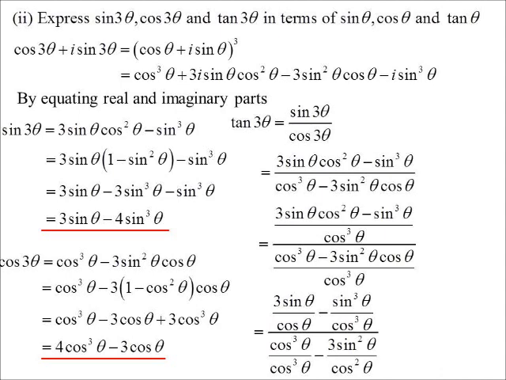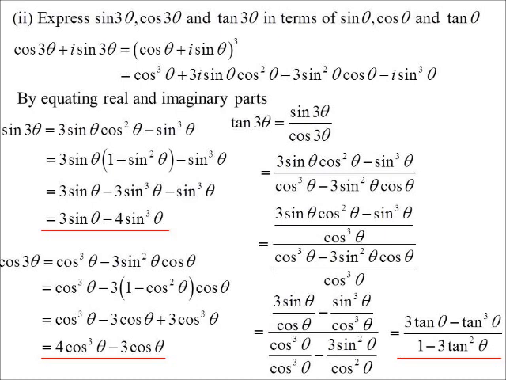So cos to the highest power, which is cos cubed. So the top becomes 3 sin theta on cos theta, sine on cos is tan, minus sin cubed on cos cubed, tan cubed, over cos cubed on cos cubed, well that's just 1, minus 3 sin squared on cos squared, tan squared. So now I can write it all in terms of tan.